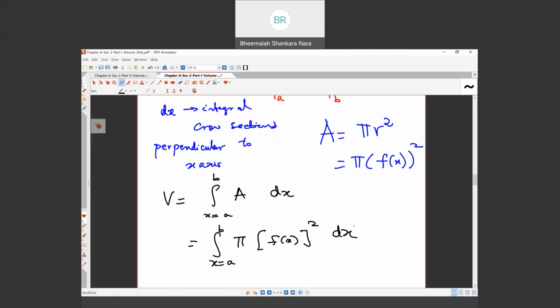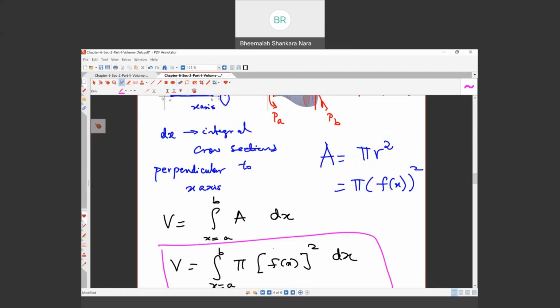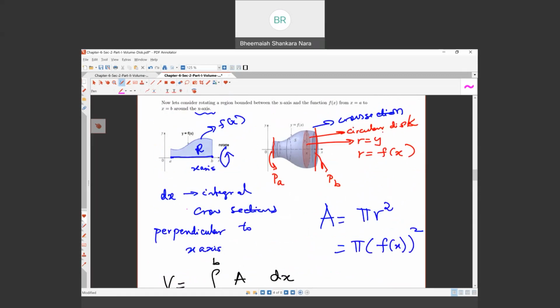And this was all about just calculating a general formula for the given problem, where we have done that. We calculated the volume when you have a small region which is rotated between the x-axis and the curve f of x. So the formula is pi times f of x squared integration with respect to dx. And then after rotating the region, all you get is this cross section with a small circular disk of radius r.